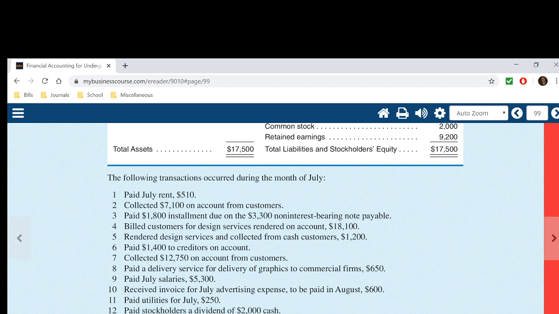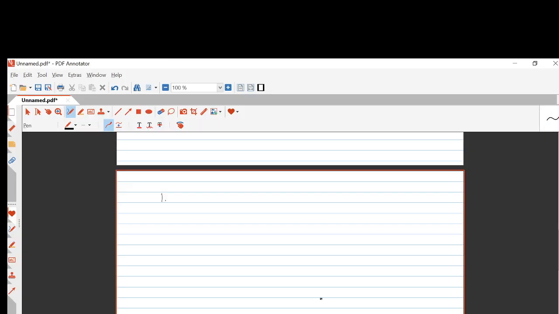But to make things make sense in this chapter, we're just going to assume that whenever they pay the cash, that's when they derive the benefit from using the asset. According to GAAP, you should recognize the expense when it's incurred, and it's incurred when you derive the benefit from using the asset. So here we're going to kind of assume that they paid the rent at the end of the month, and they've already derived the benefit.